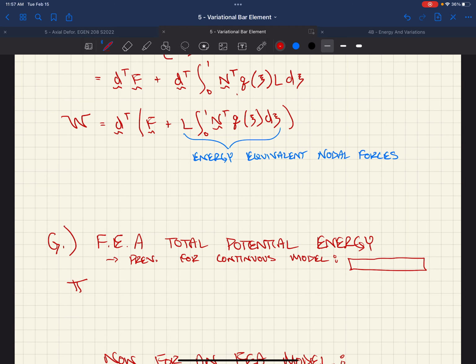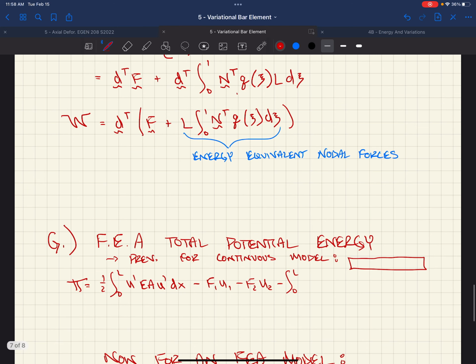Our potential energy equals 1/2 the integral 0 to L of the first derivative of displacement with respect to x, EA, first derivative, times dx, minus now the work, which is both our externally applied forces times their nodal displacements, and this uniform load times its displacement at any given point along our continuous model.